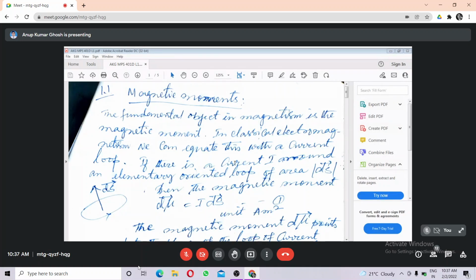So, I hope you already know a little bit about magnetism and particularly the three types: diamagnetic material or diamagnetism, paramagnetism, and ferromagnetism.